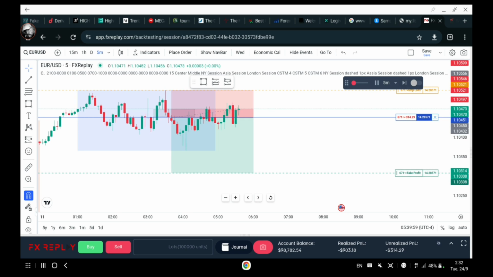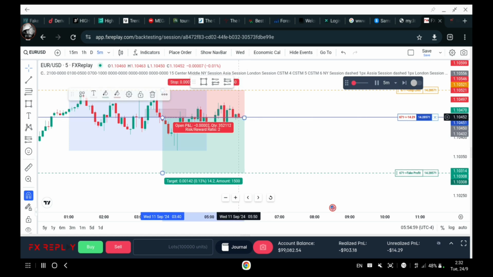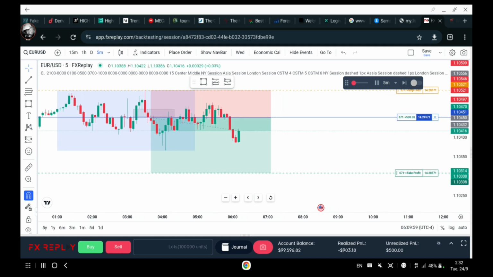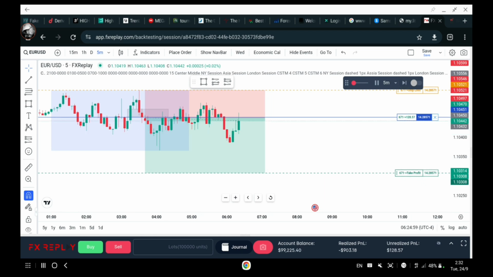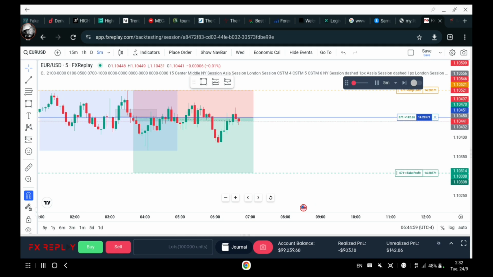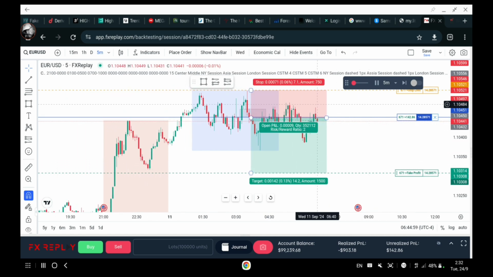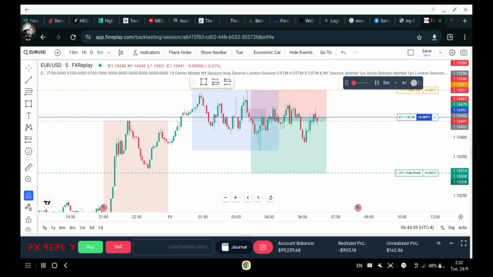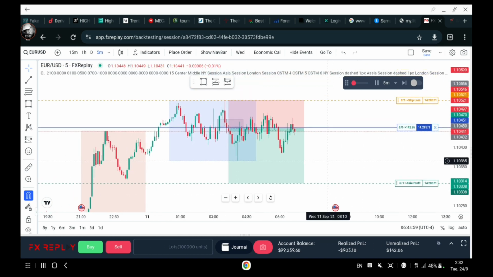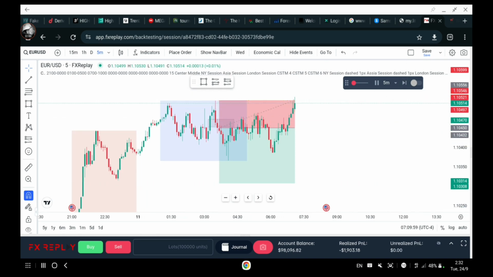This is why you can see, most likely in the New York Q zone, price will sweep this high and drop because we had an expansion in the Asian range. But let's just let it play out and take us out. Stop loss.